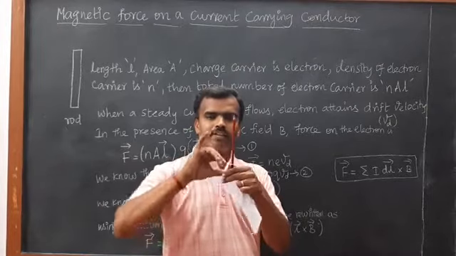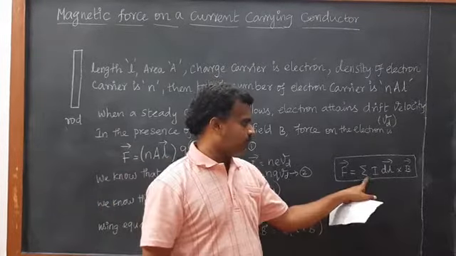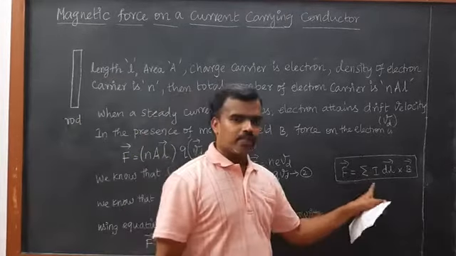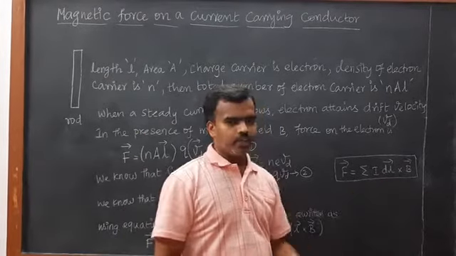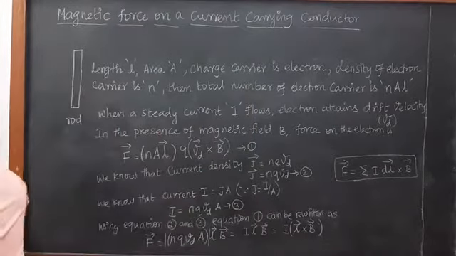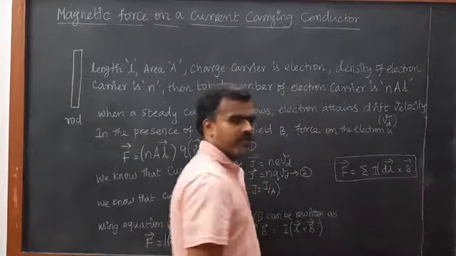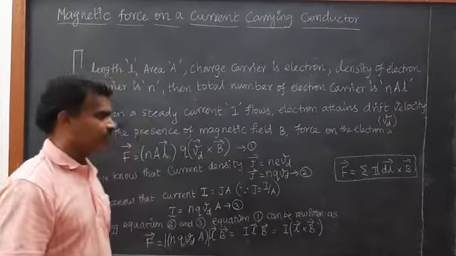Adding all the dl gives the full length L vector. It is only the cross product between length and magnetic field.